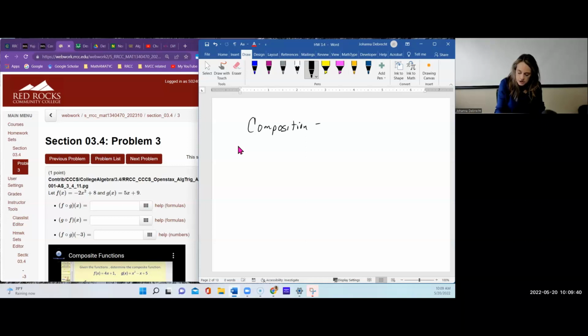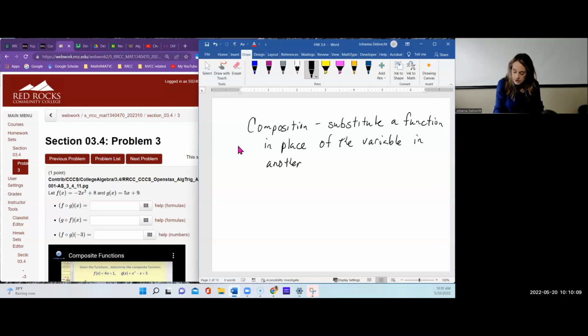In other words, you're going to substitute one function in place of the variable in another function. It is possible to compose a function with itself.